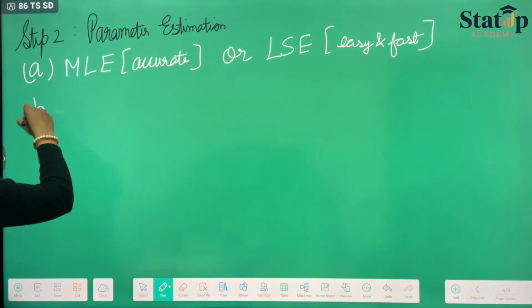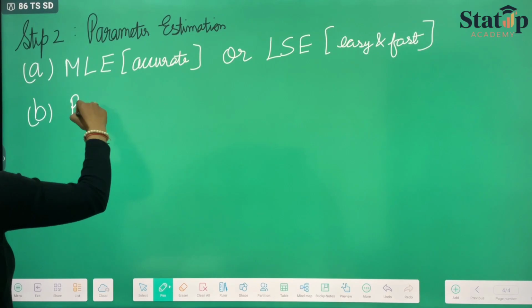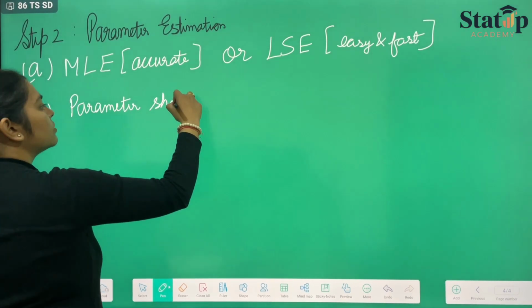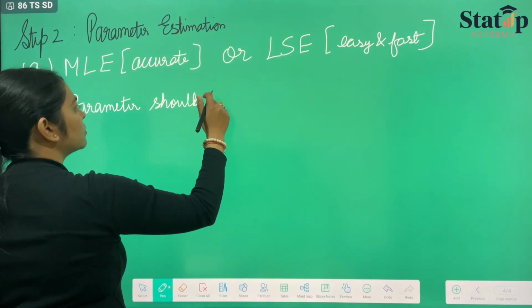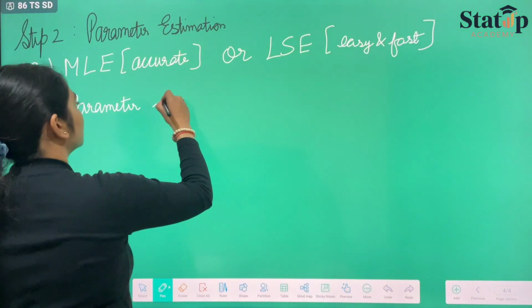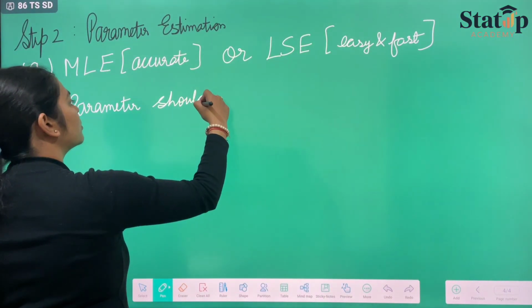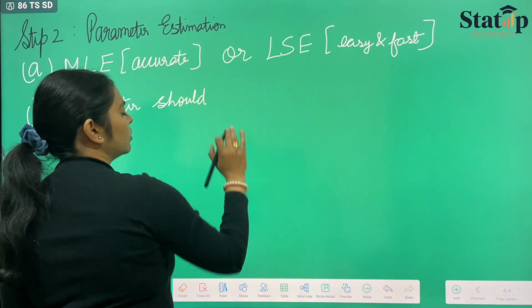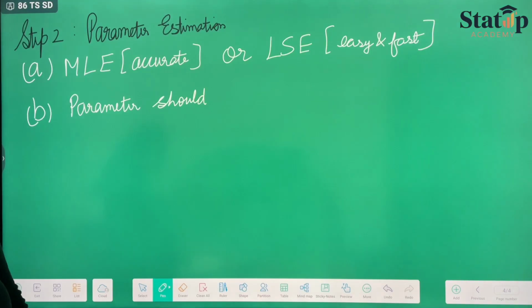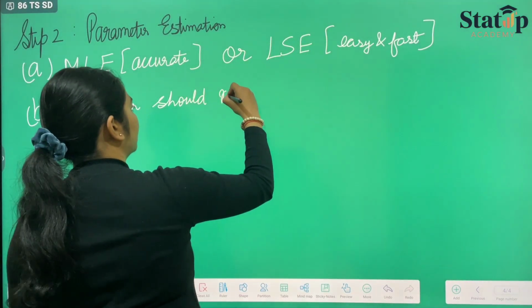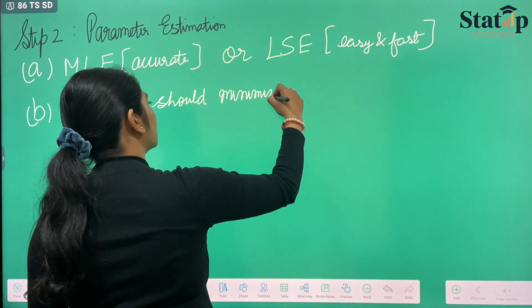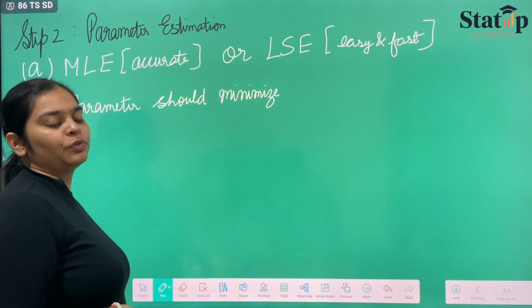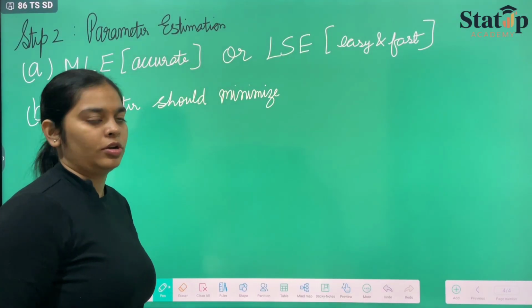Now the estimated parameter should minimize forecast error. That's how the parameter is useful. If it does not minimize forecast error, then the parameter is not useful for us.